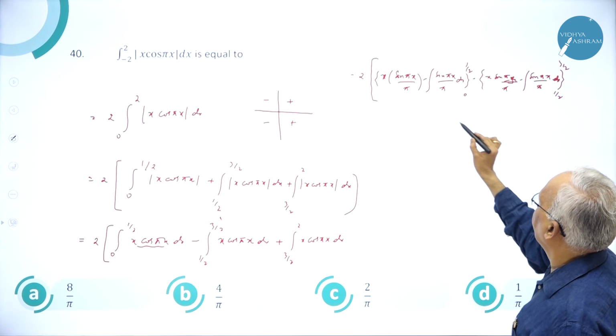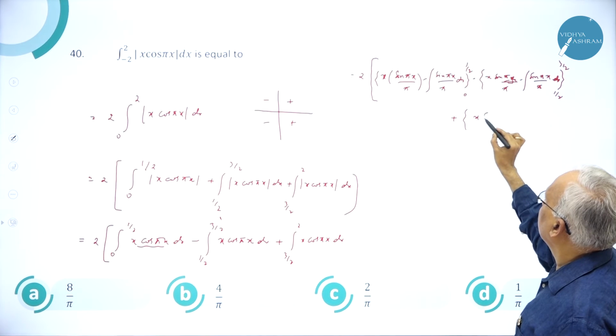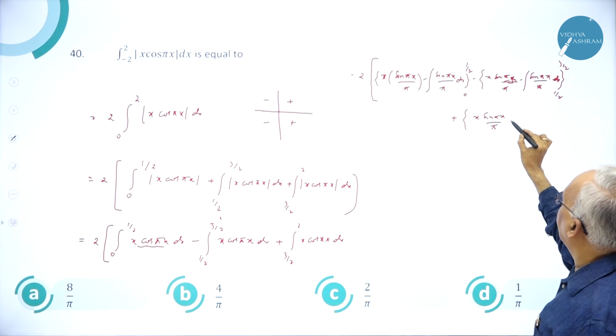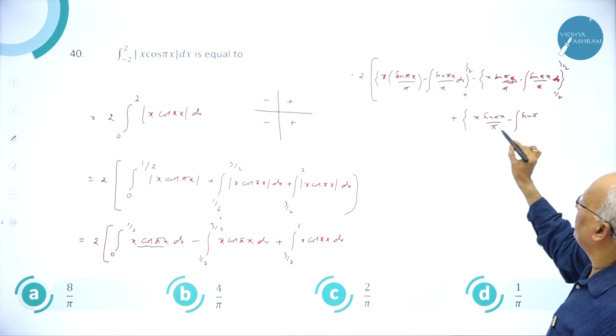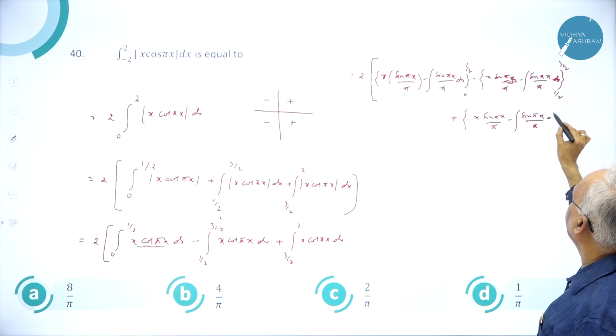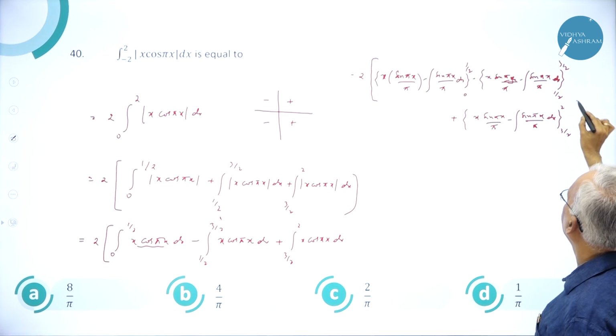And there is one more term, plus, again write in brackets, x into sin pi x divided by pi minus integral of uv minus integral v du, sin pi x divided by pi into dx between 3 by 2 and 2.